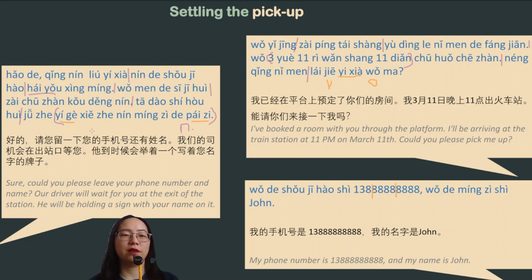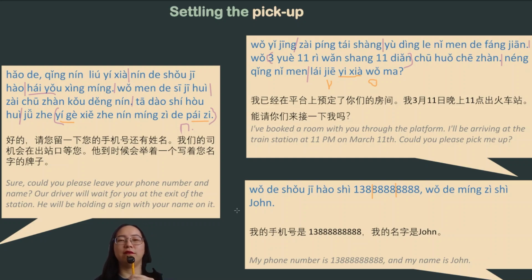And let's take a look. 一个 means one. 写着 writing, 您名字 your name, 的 of, 牌子 board. From here 一个 to the end, this whole thing modifies 牌子. Tell people that it's a board that has your name written on it.